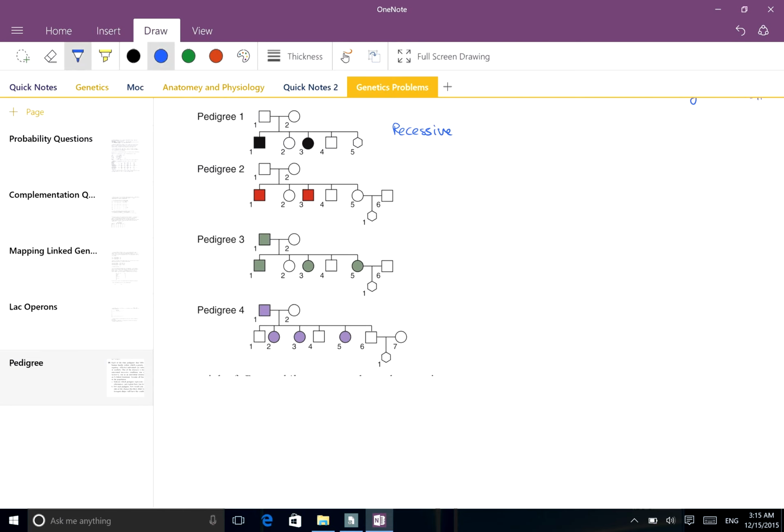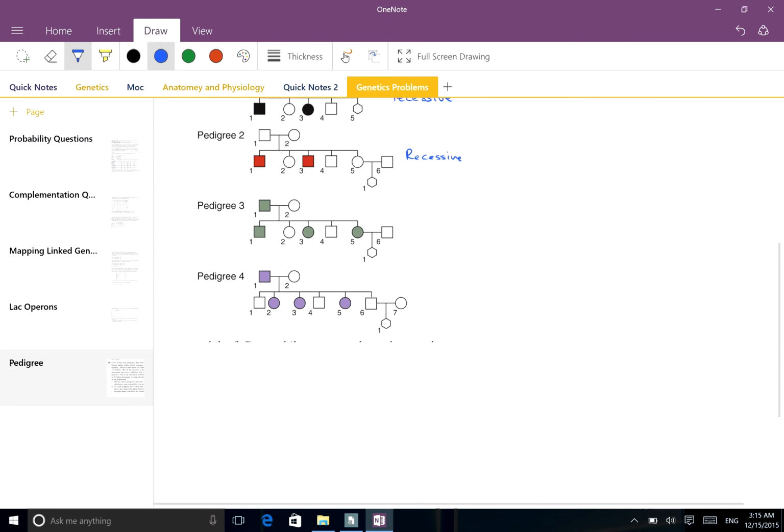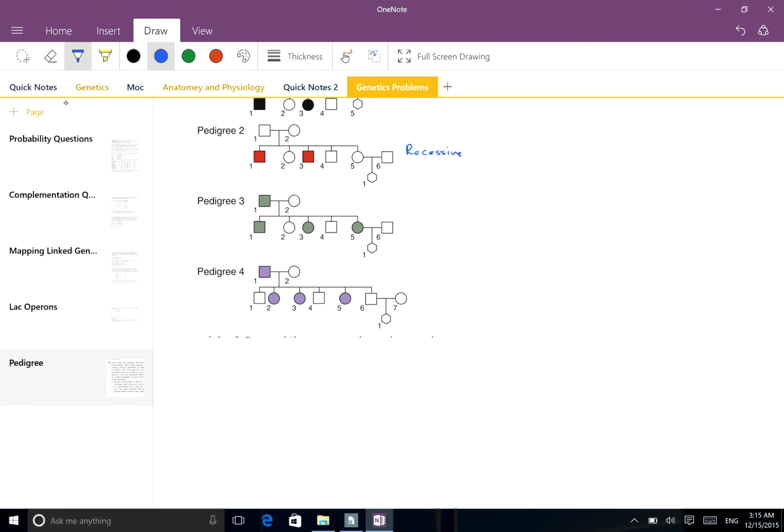Same thing for this one. The kids have it, the parents don't, so it's recessive. Both parents are heterozygote for the disease. And then here, for each affected kid, at least one parent has the disease, so it's dominant.